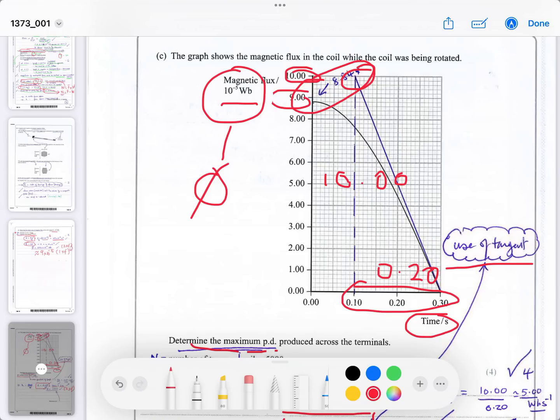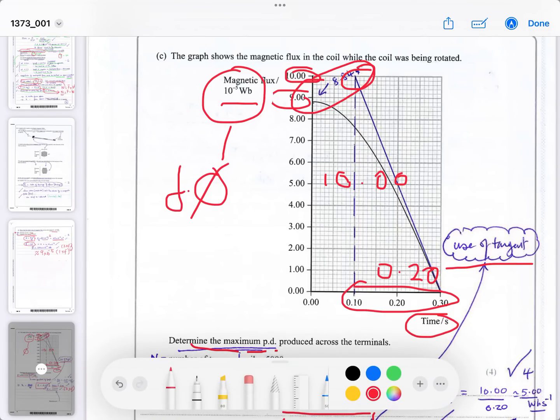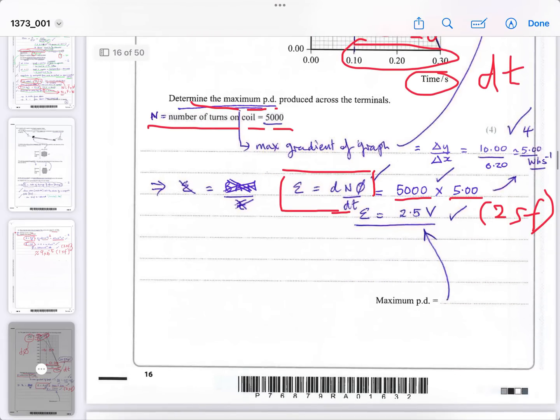The gradient is equal to the change in the y-axis, which is d phi over dt, the gradient of this curve. If you have done that correctly, you've got 5, and you can work out the EMF.